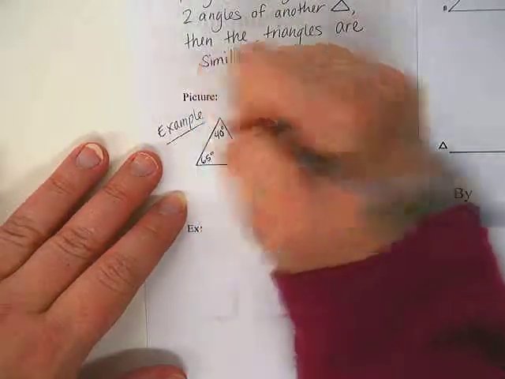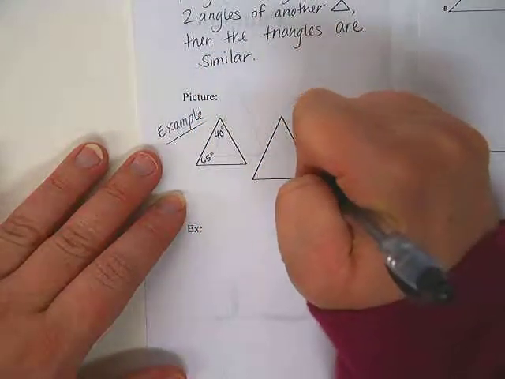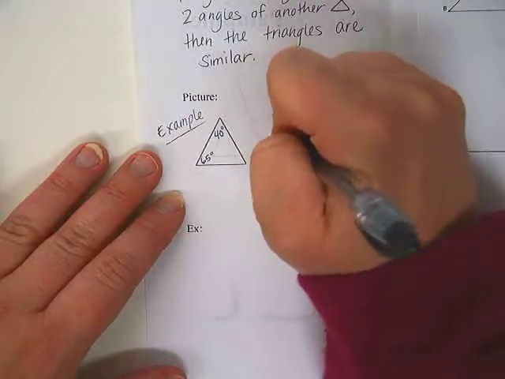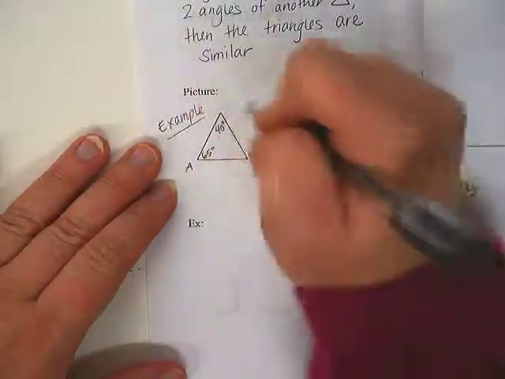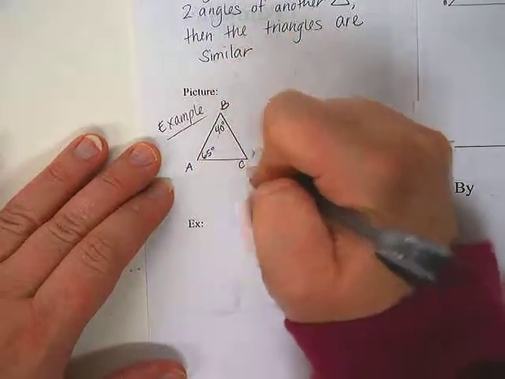Okay, so let's suppose that in this triangle, this angle is 65 degrees, and this angle is 40 degrees, and this angle is 65 degrees, and this angle is 40 degrees.